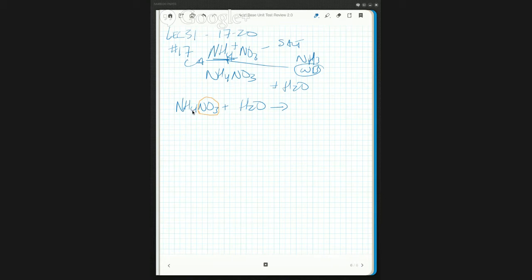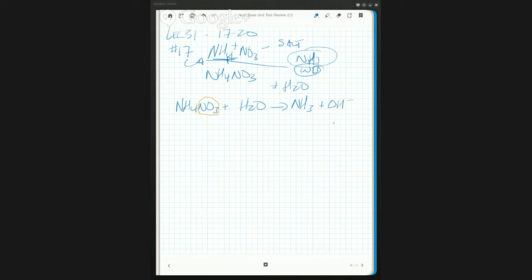Which means that when it pops out the other side, the NH4 plus wants to convert to the weak form. So you get NH3, and it hydrolyzes the water, and you get some OH minus.